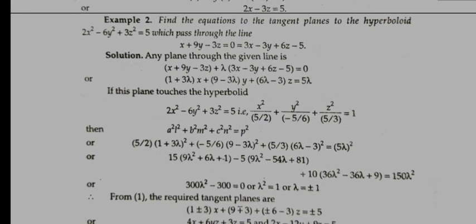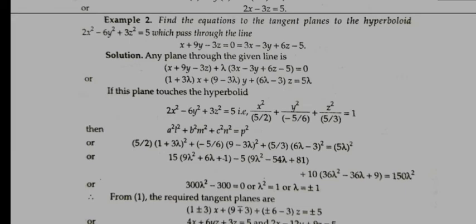Now the second example is to find the equation of the tangent plane to the hyperboloid 2x square minus 6y square plus 3z square is equal to 5, which passes through the line x plus 9y minus 3z is equal to 0 and 3x minus 3y plus 6z is equal to minus 5.